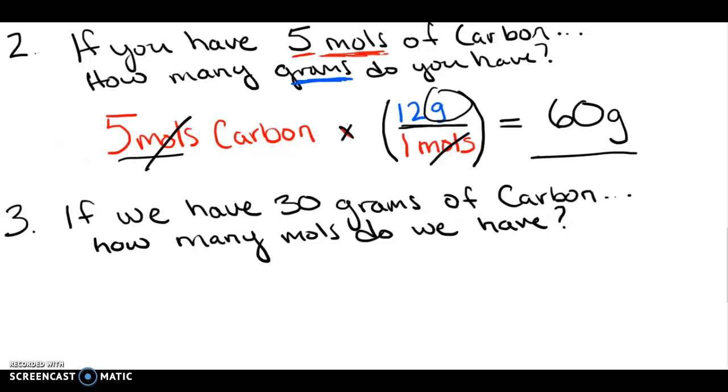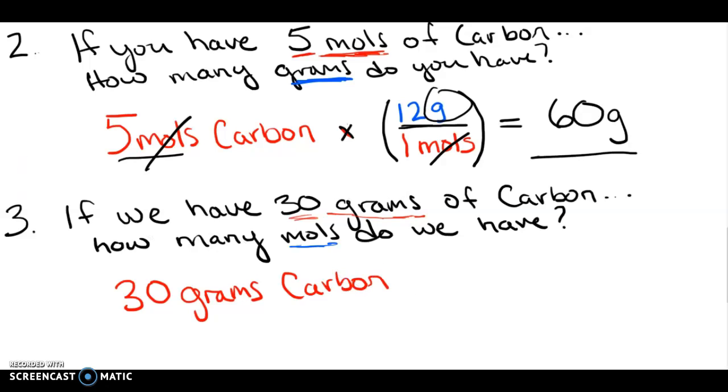Okay, so again, the thing that we have, we have 30 grams of carbon, and the thing that we want is moles. And so we put the thing that we have down here. We have 30 grams of carbon.